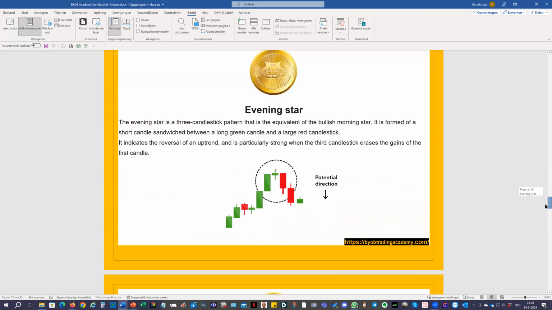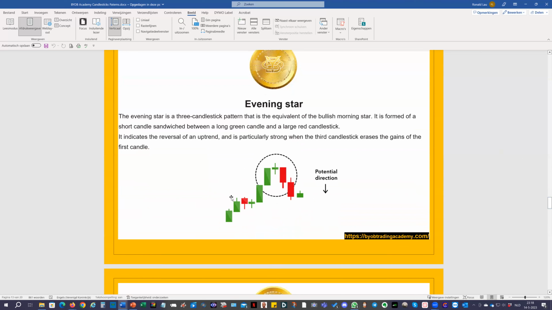The evening star: we can see here that after the market has come up, we see a doji candle, and then the market is coming down again. And this candle, we call it the evening star.